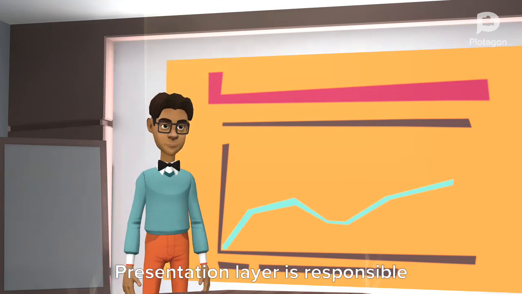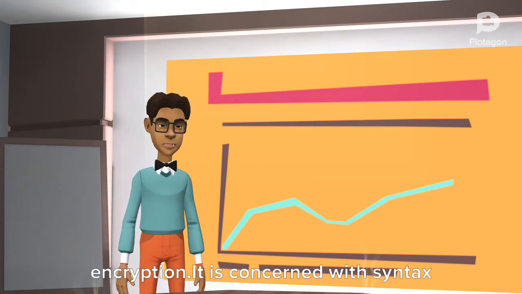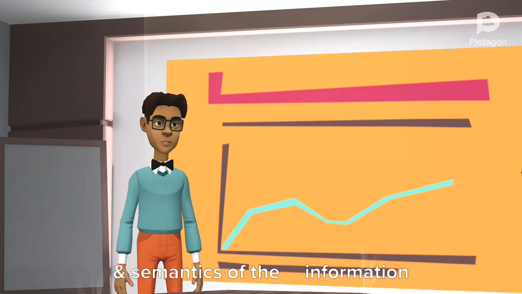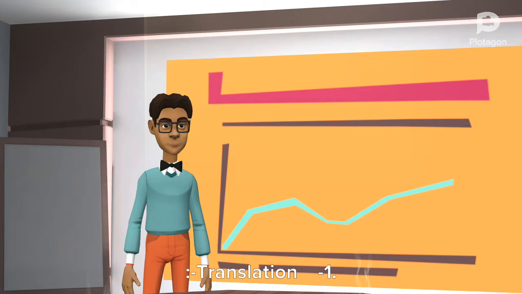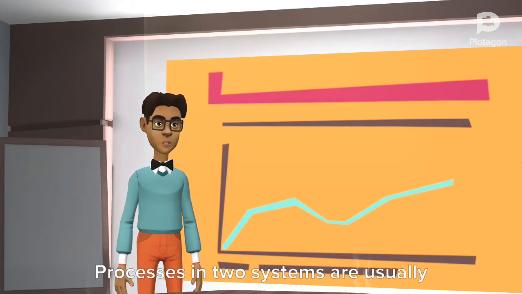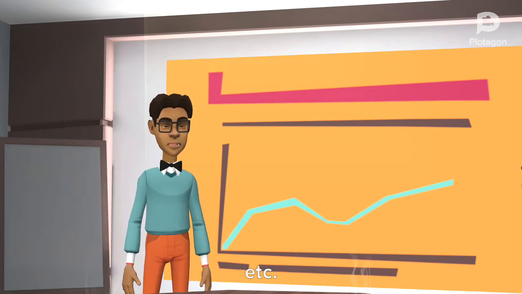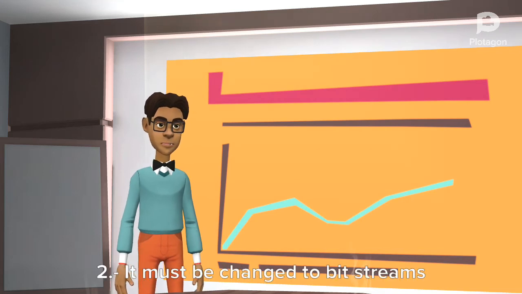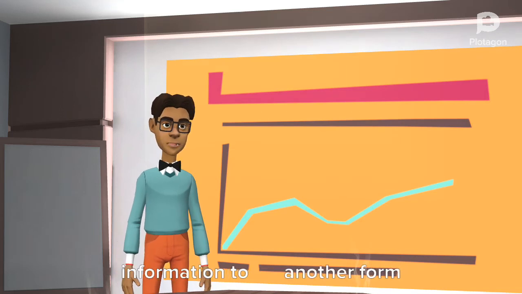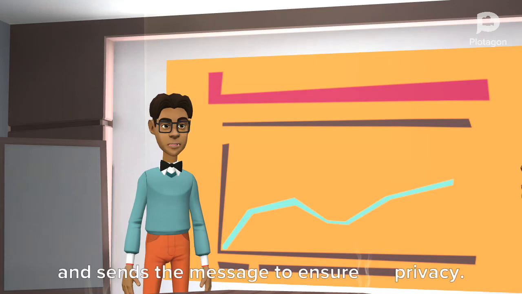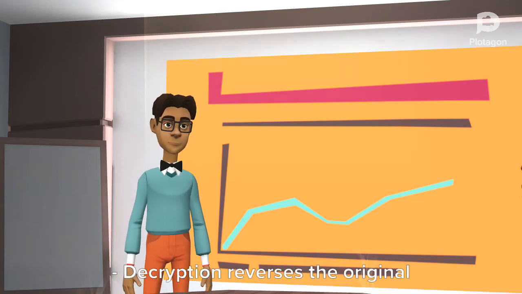Presentation layer. The presentation layer is responsible for translation, compression, and encryption. It is concerned with the syntax and semantics of the information exchanged between two systems. Duties. 1. Translation. Processes in two systems are usually exchanging information in the form of character strings, numbers, etc. It must be changed to bit streams before transmission. 2. Encryption. The sender transforms the original information to another form and sends the message to ensure privacy.